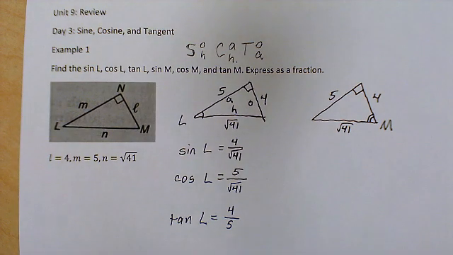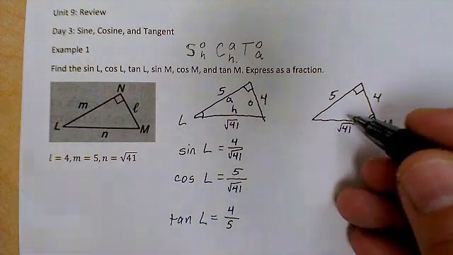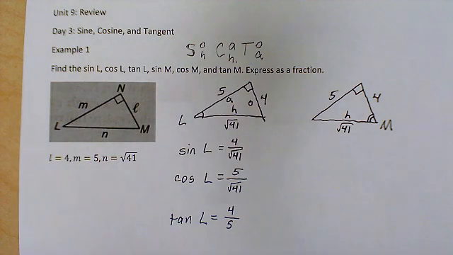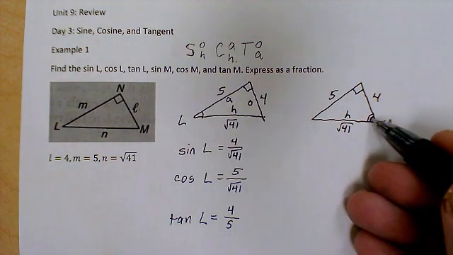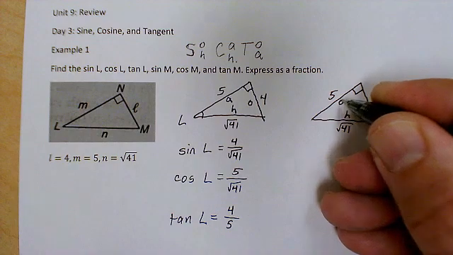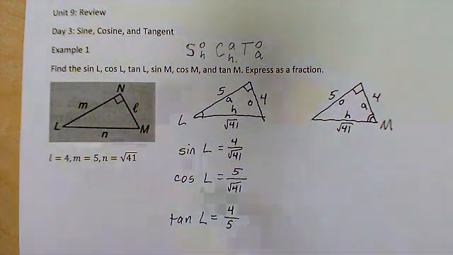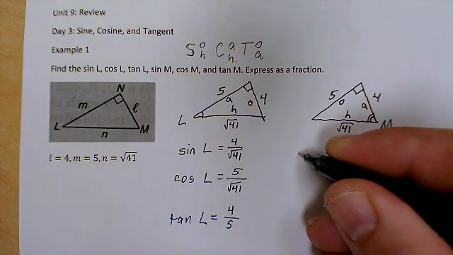Basically what that does is switch which leg is opposite and adjacent. Now the root of 41 is still my hypotenuse across from the 90 degrees, but now opposite of the acute angle is 5, and the adjacent leg to the acute angle is 4. That's going to change every single one of my ratios. So let's write them down now.